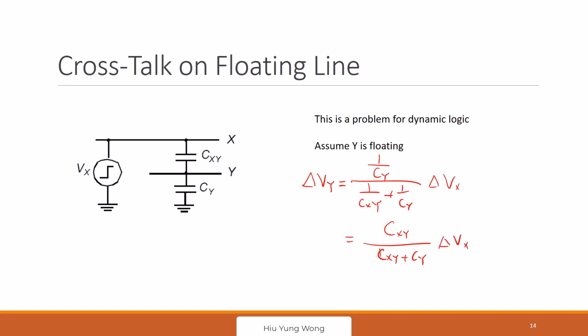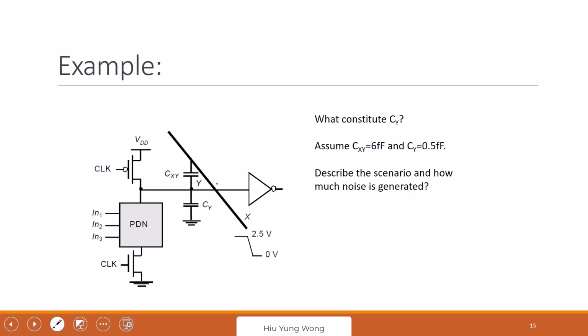And this Cxy is the coupling cap. We always say coupling cap. And you see that if the coupling capacitance is large, whatever is changed in X is going to affect Y. Okay? Here is an example, right? We might have this dynamic logic.